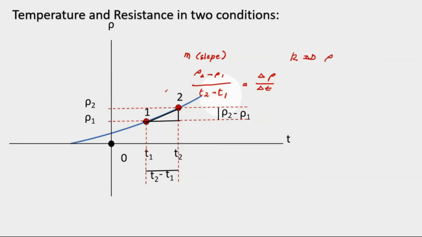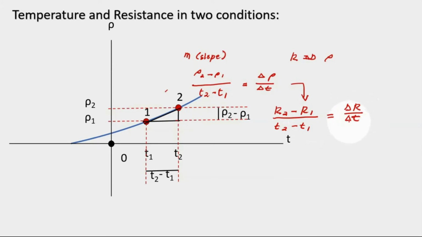So we can substitute here: instead of writing resistivity, we can substitute the resistance. So we can say R sub 2 minus R sub 1 all over T sub 2 minus T sub 1. Therefore, this is also delta R over delta T.